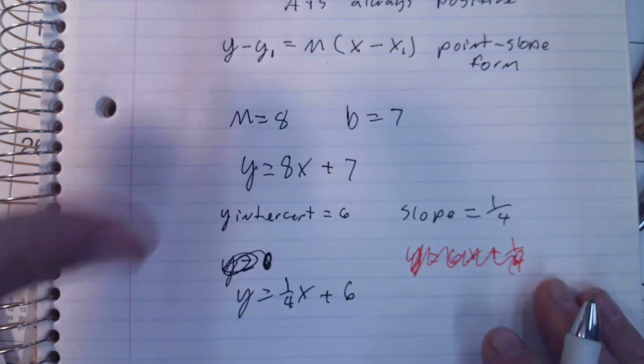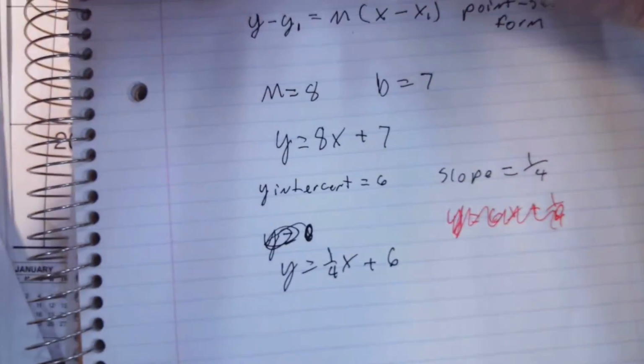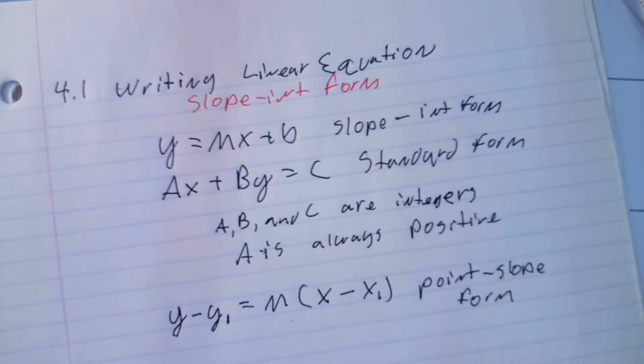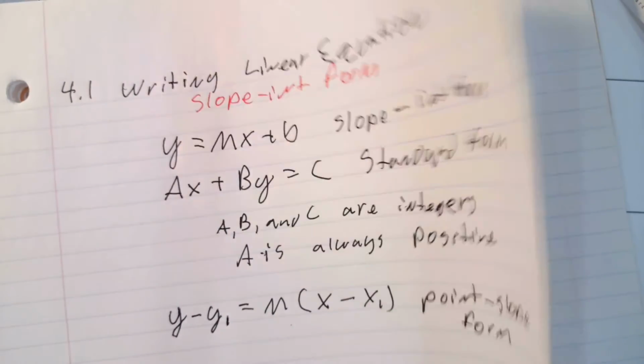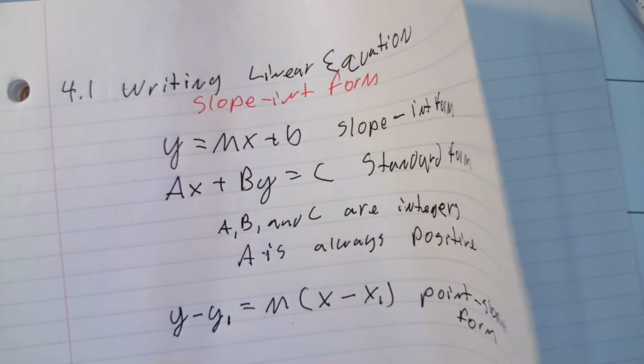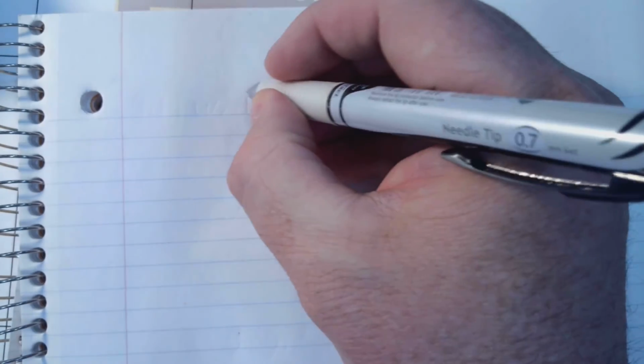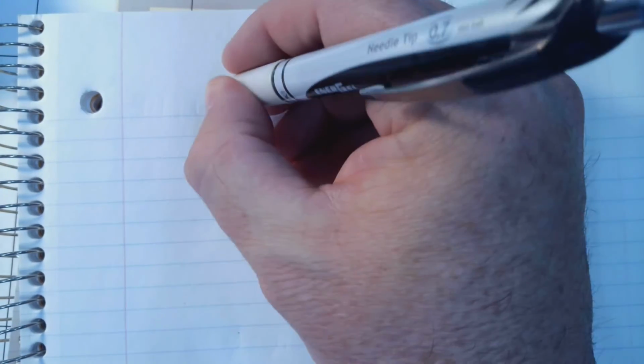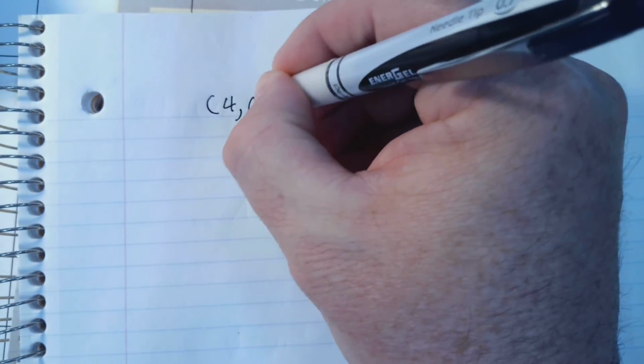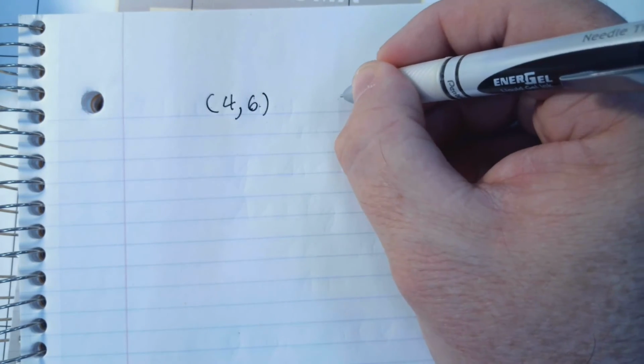Here's the level that is a little bit harder. I'm going to give you a point, and I'm going to give you a slope. We might have fractions in our answers. So here's my point, and here's my slope.